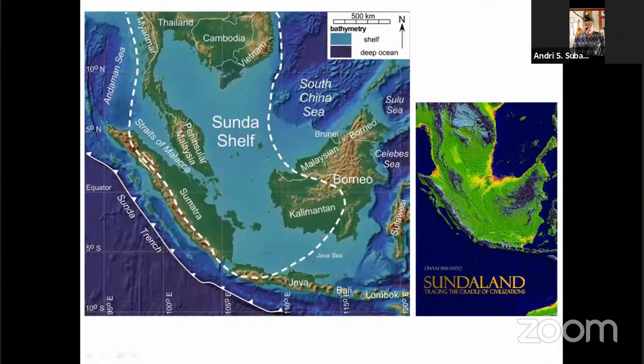Sundaland was a big valley where paleo animals like elephants could go from Sumatra until Java. We have very good fossils from Majalengka that indicate elephants could go from Sumatra to Java without a boat, on foot.